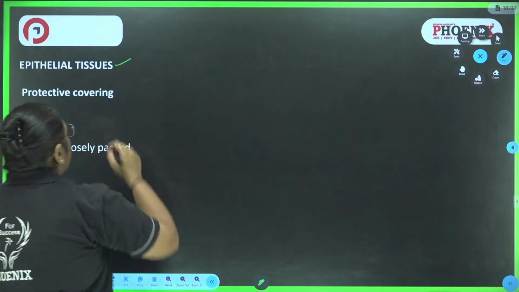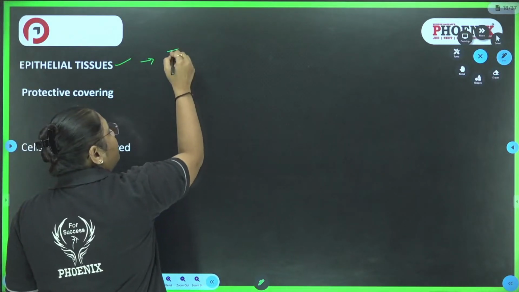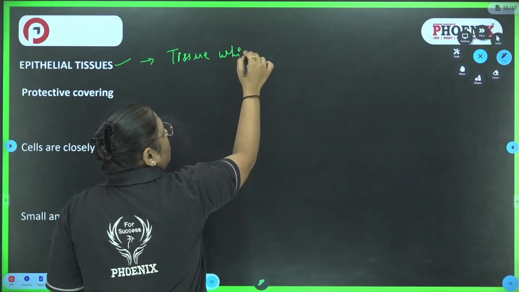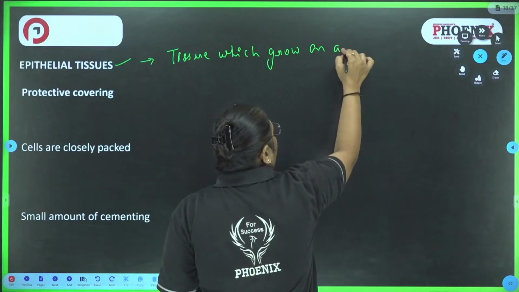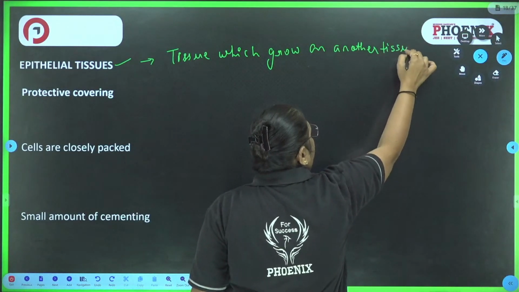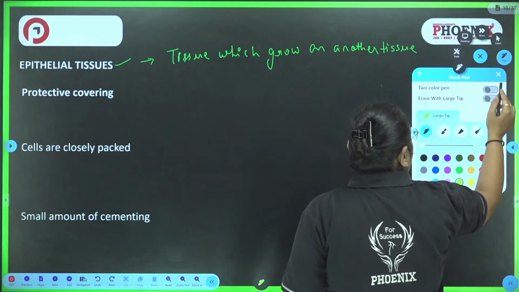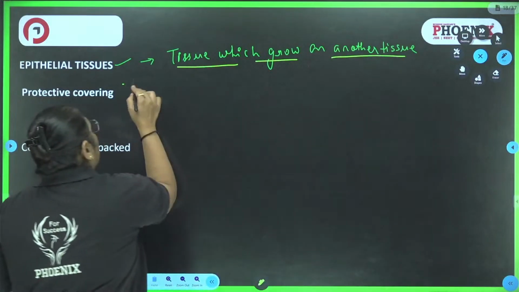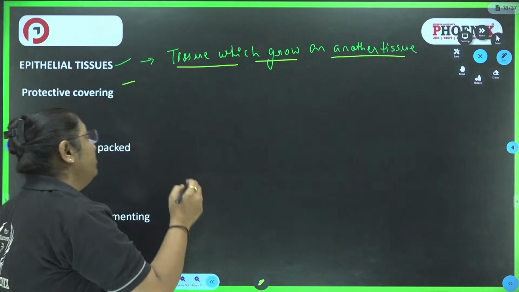Now we will study about the epithelial tissue. Epithelial tissue means a tissue which grows on another tissue. The function of epithelial tissue is the protective covering.